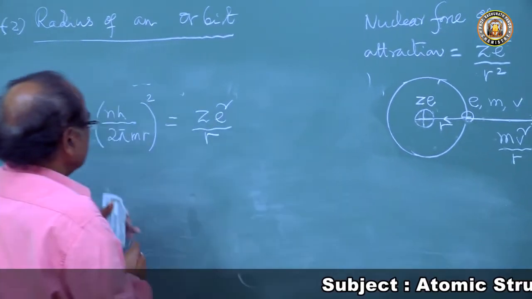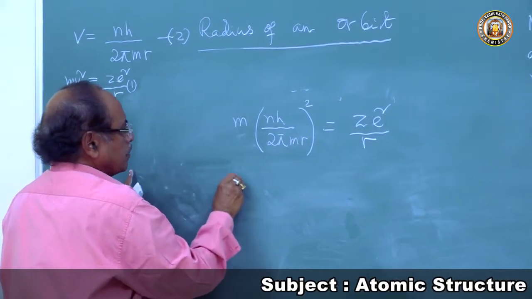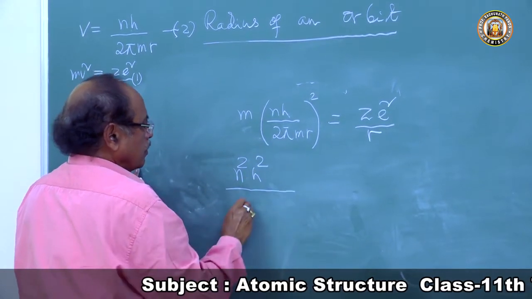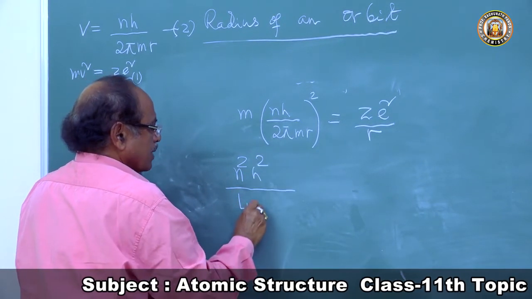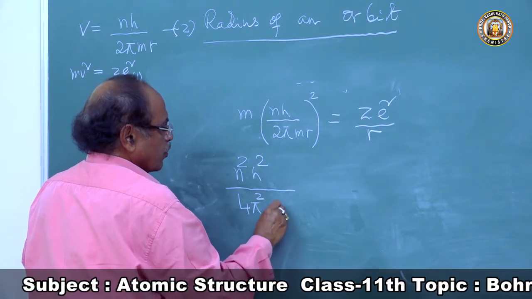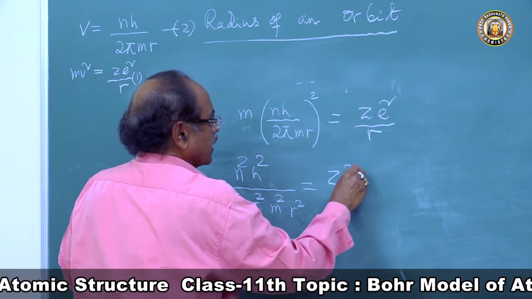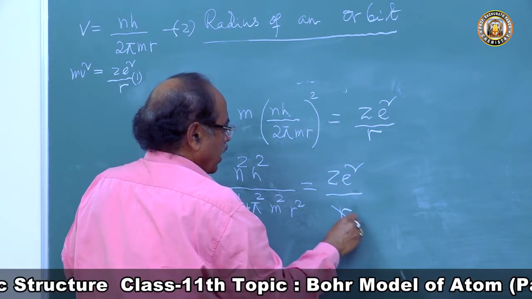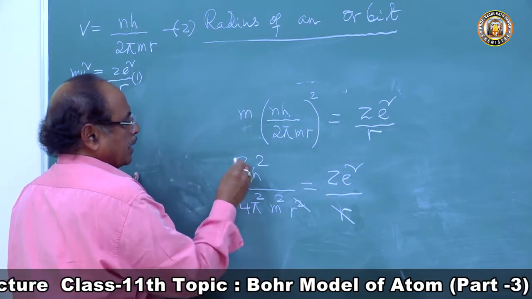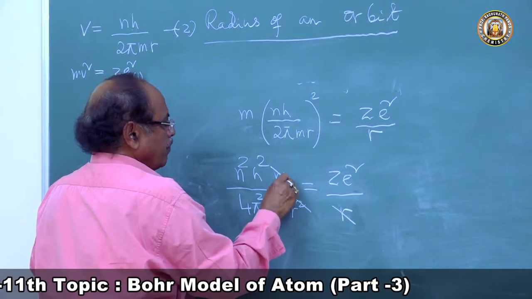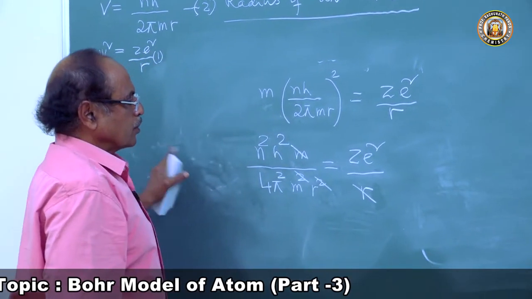Now what do we get? n square h square by 4 pi square m square r square equal to z square by r. Now r square cancels, and m square cancels with the m.